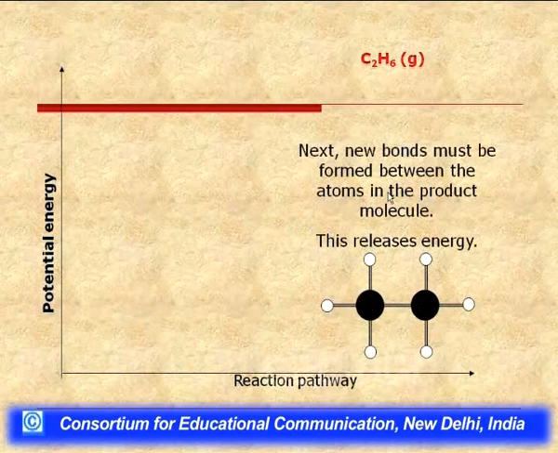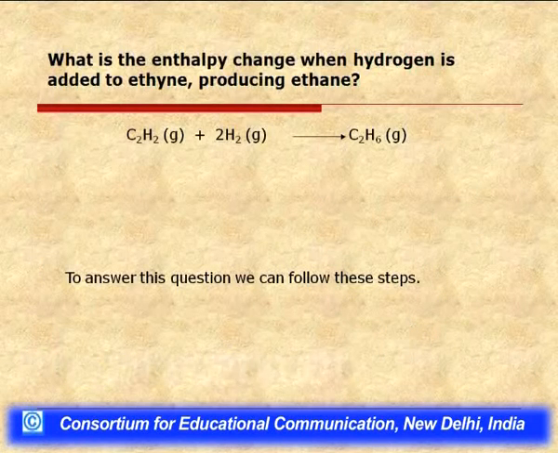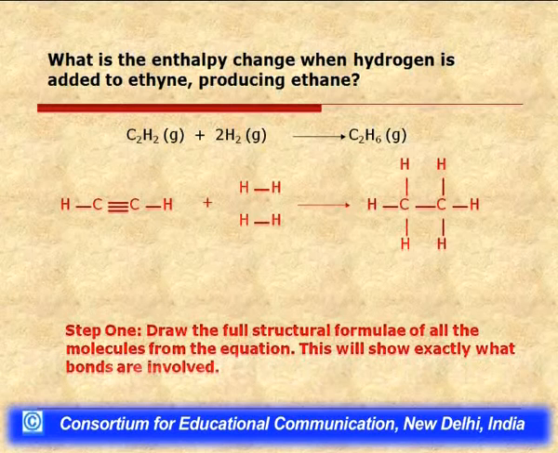Here in ethane, instead of one carbon-carbon triple bond, we have one carbon-carbon single bond, and rather than just two carbon-hydrogen single bonds, this molecule has 6 carbon-hydrogen single bonds. So, we have now identified which bonds need to be broken and which bonds need to be formed. First of all, we need to draw the full structure, as we have drawn, and this will exactly show what bonds are involved, and this is exactly what we had written.